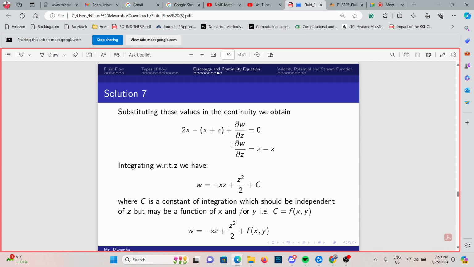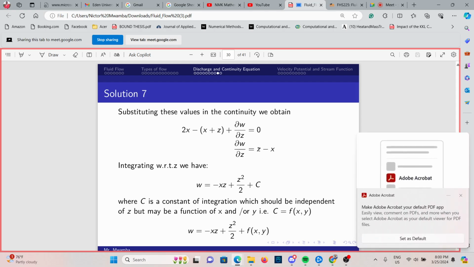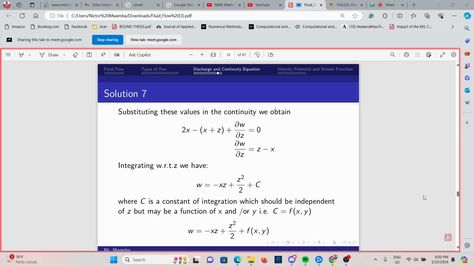Remember this is representing the change of this velocity with respect to the change in the z direction. The opposite of changing is to take away the change, isn't it? So the change will go away. So we'll remain with w equal to this integrated with respect to z, and this one with respect to z.